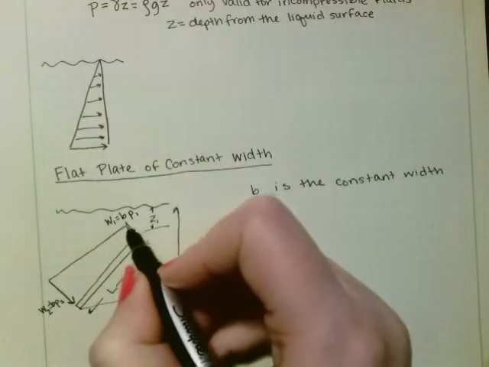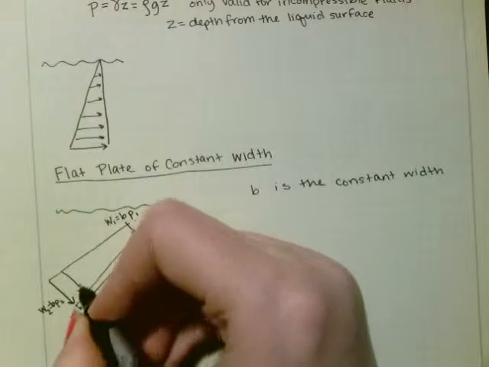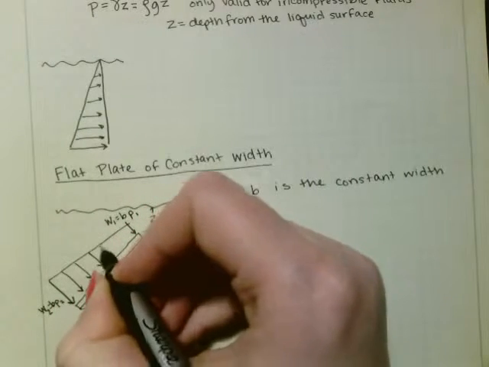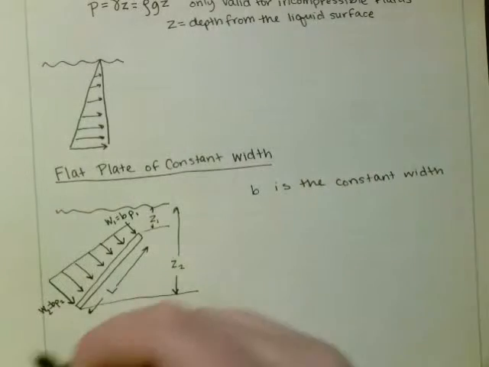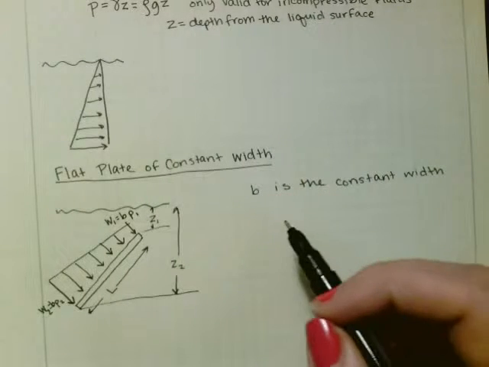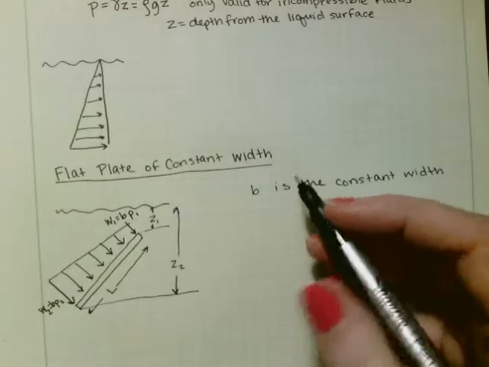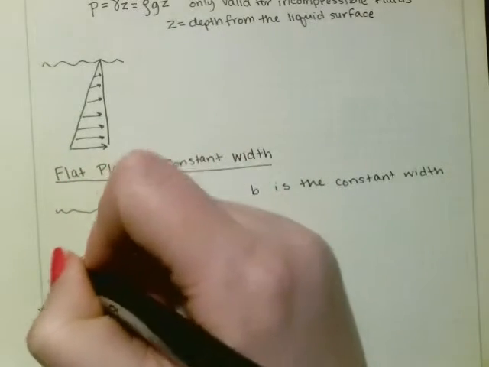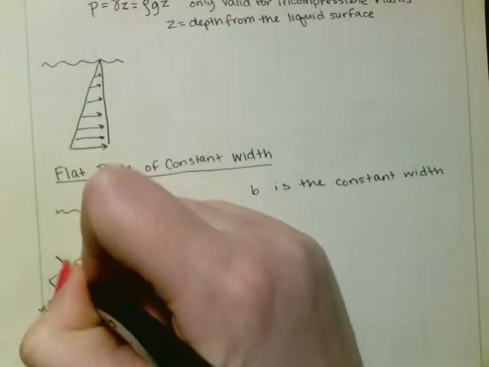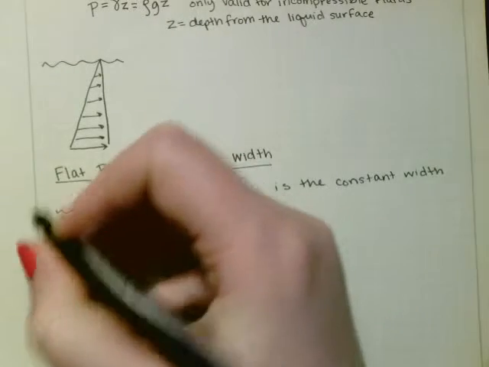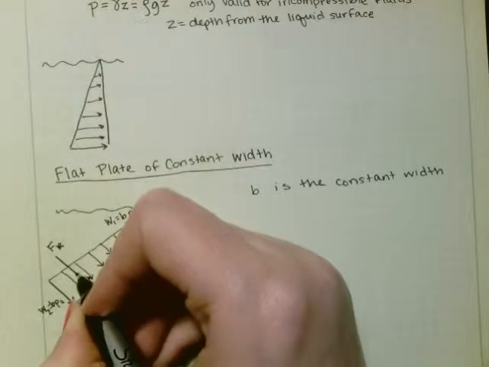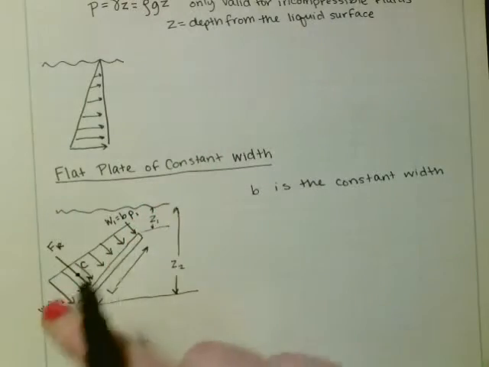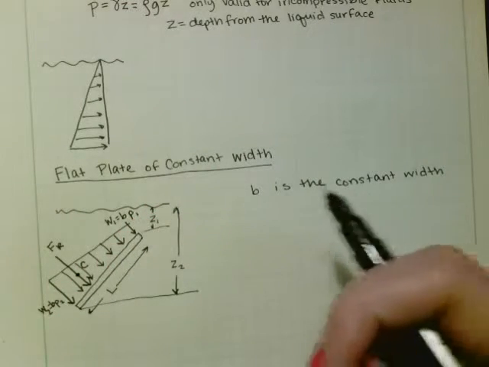Then you've got a linear line connecting the two. So you'd have a distributed load that looks something like this. And then you could take that distributed load to find your resultant force, and that's going to take place at the centroid of this distributed load.